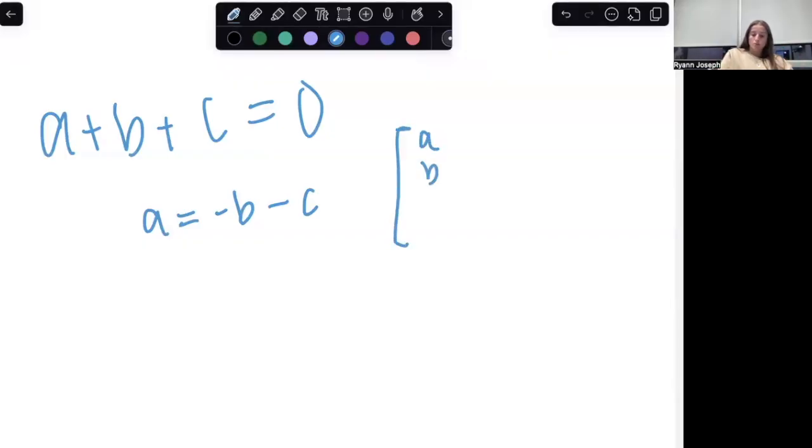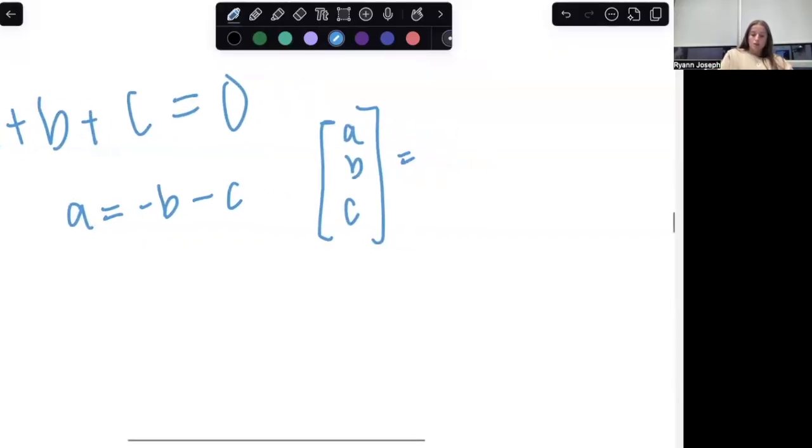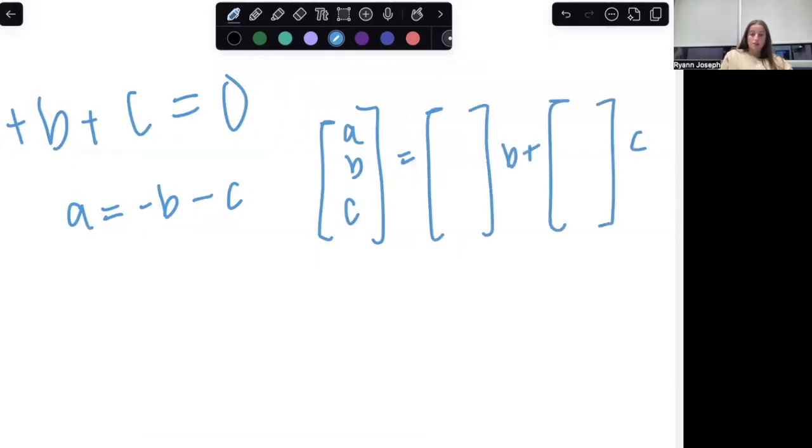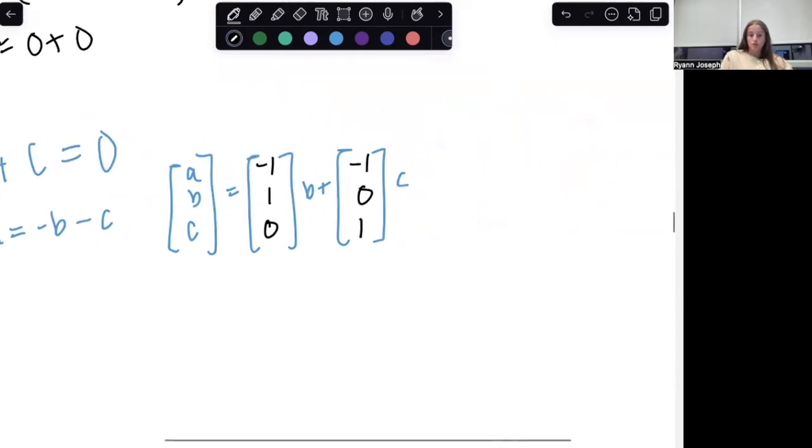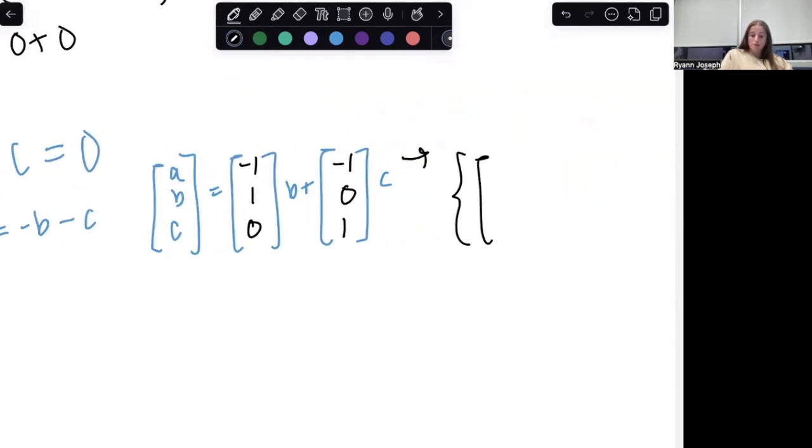So a, b, and c, where b can be anything and c can be anything. I had 2 free variables and 1 pivot variable. So in this case, a is equal to negative b minus c, b is equal to itself, and c is also equal to itself. So this forms a basis for these polynomials.